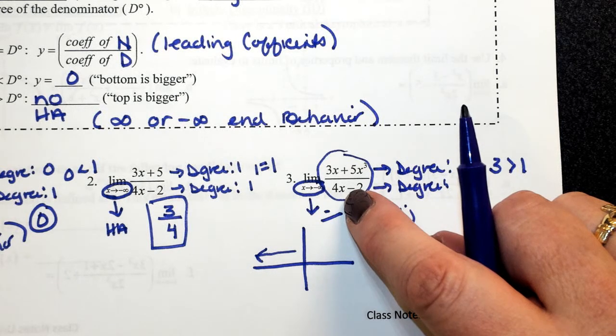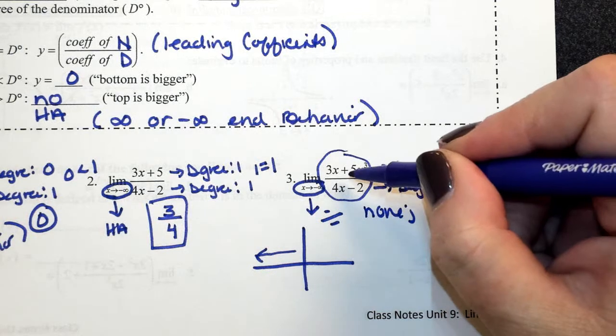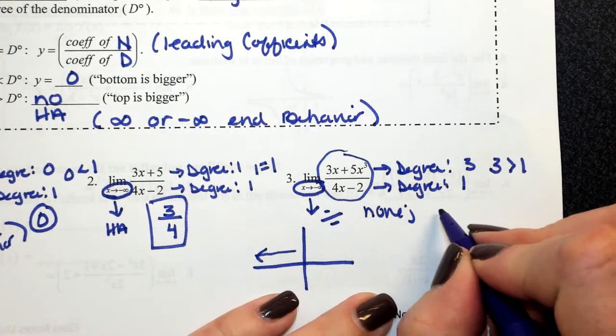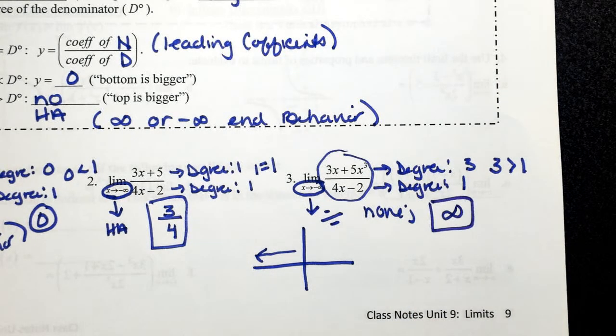That's also going to be negative. So a negative divided by a negative is going to be positive. So no matter how large or how small a number I plug in for x, that numerator is going to be negative, that denominator is going to be negative, and I know a negative divided by a negative is a positive. So what that means is that the end behavior is going to be going towards positive infinity.